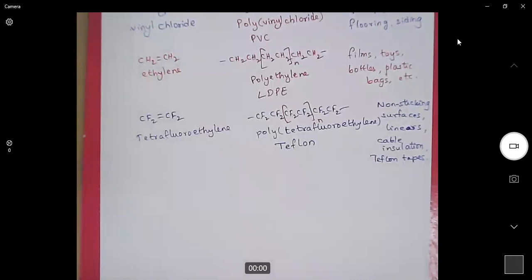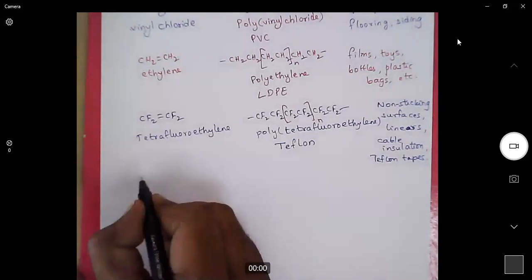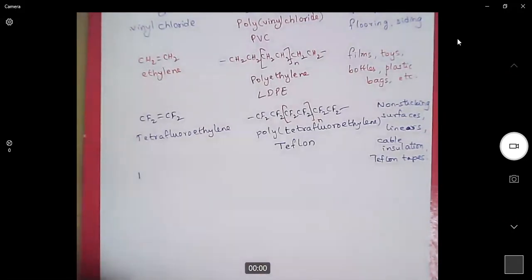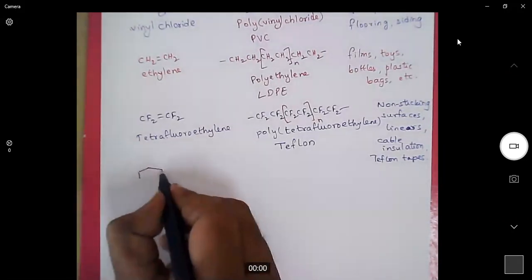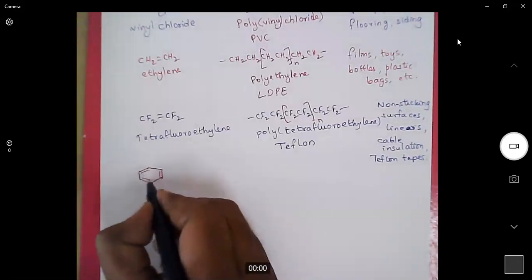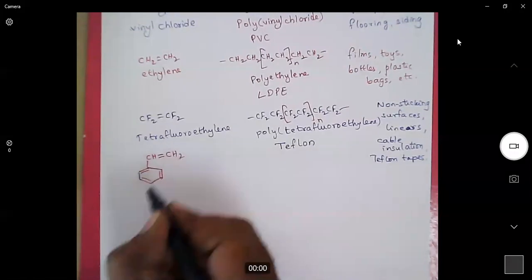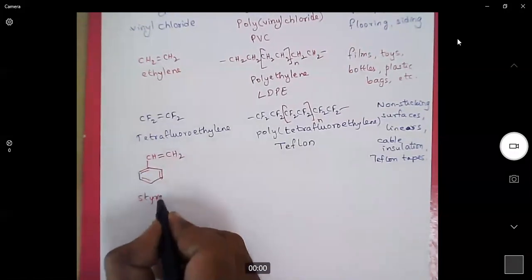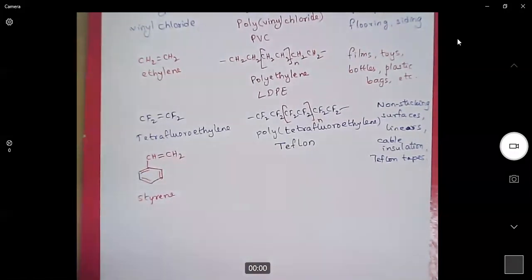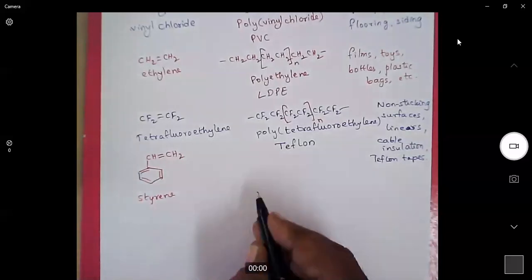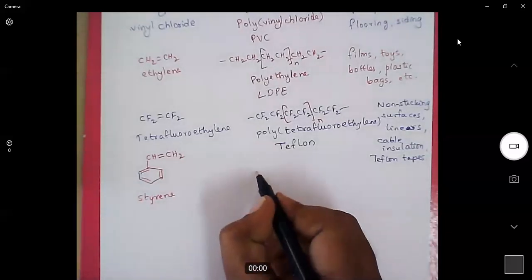The final example of compounds which undergo radical polymerization is styrene. This molecule is called styrene. When it undergoes polymerization, what we will get is polystyrene.